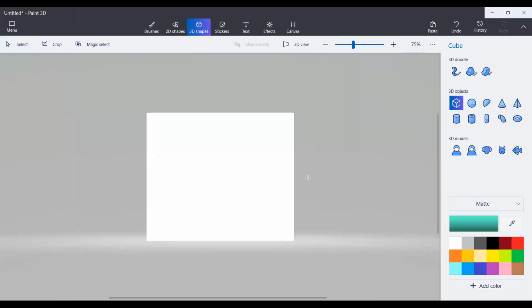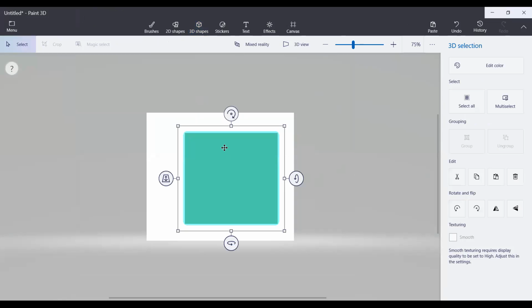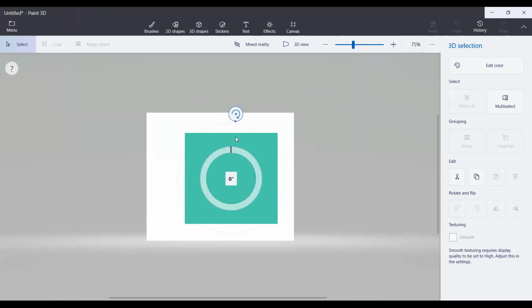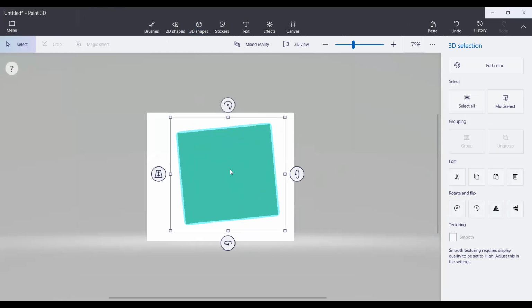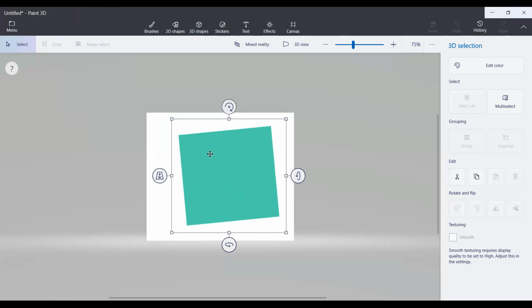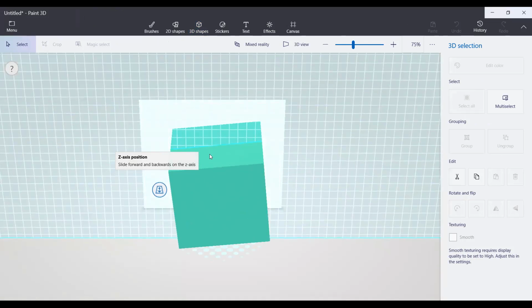Now these are the prisms. The prisms are like this shape here. Now look at this shape here. This one here is a cube.